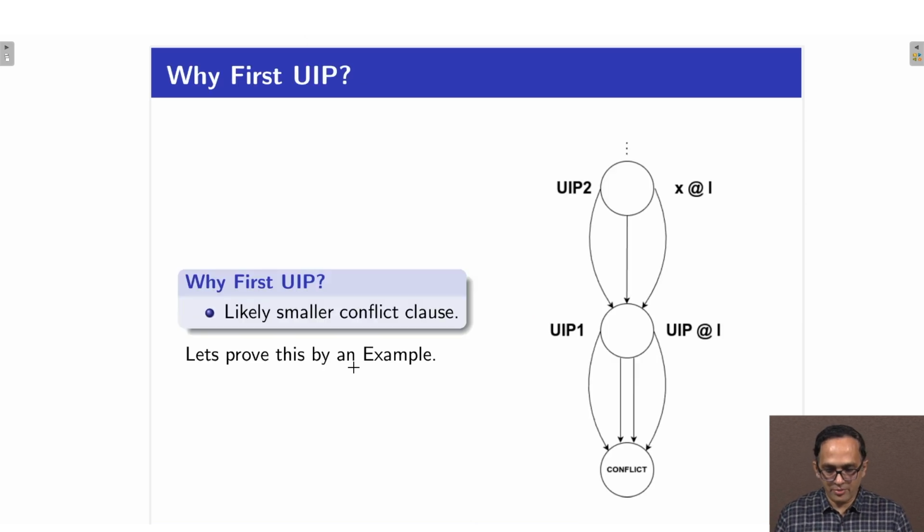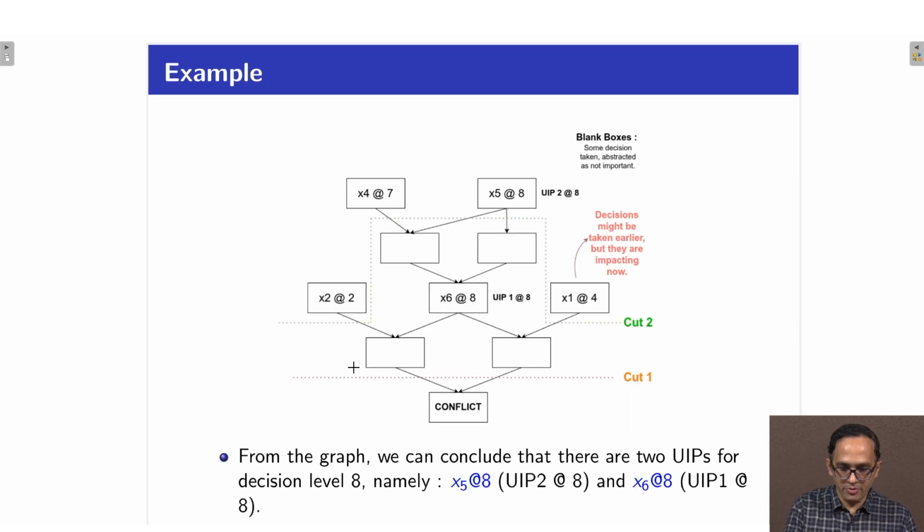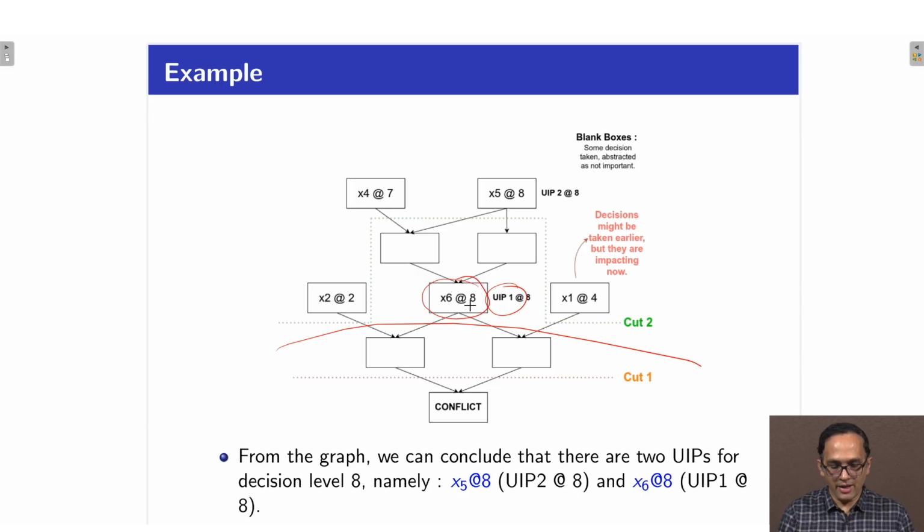To start with, we have already discussed why this UIP 1 creates a smaller clause. This is the repeated example from the last class. For this cut, it will take the UIP 1 corresponding to the current decision level and give you the asserting clause, which is not of x2 or not of x6 or not of x1.